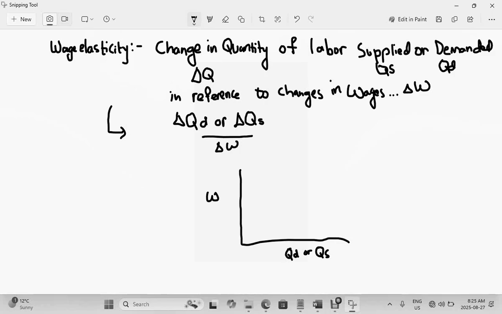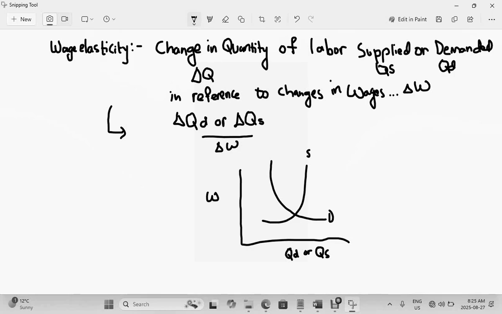So if you were to draw this, suppose this is your supply over here: as wages go up, supply of labor goes up, and as wages go down, supply of labor goes down. Likewise, you have demand, which is inversely proportional: as wages go down, demand from firms goes up, and as wages go up, demand from firms goes down.